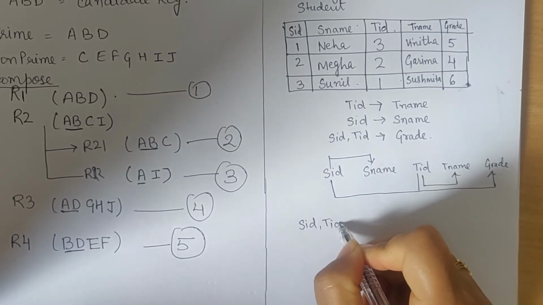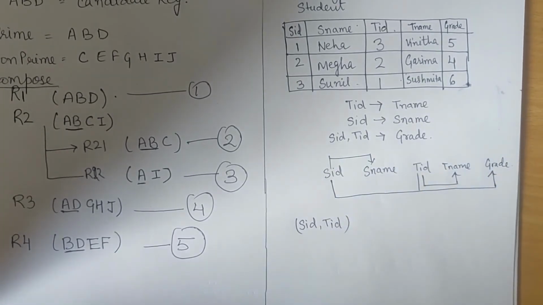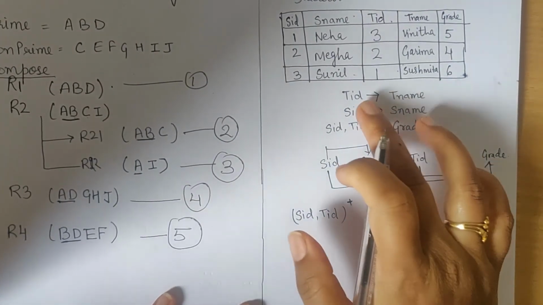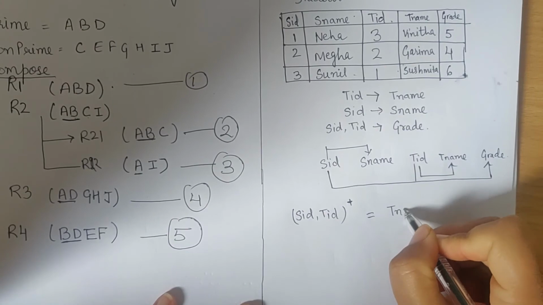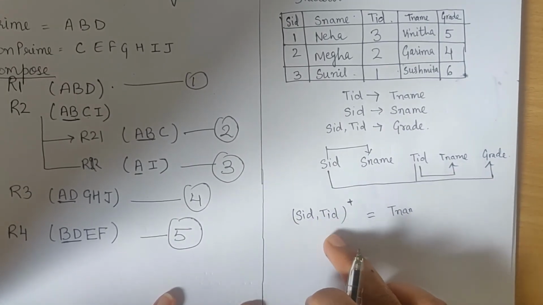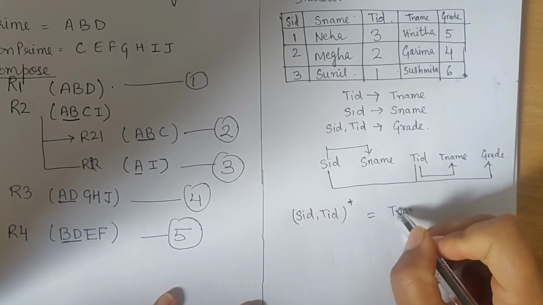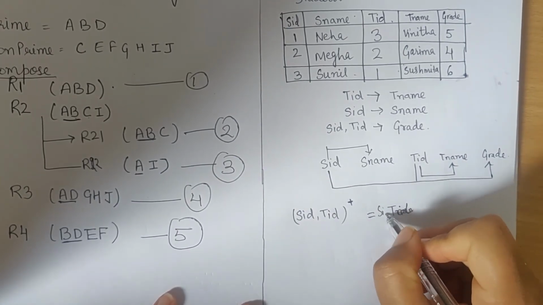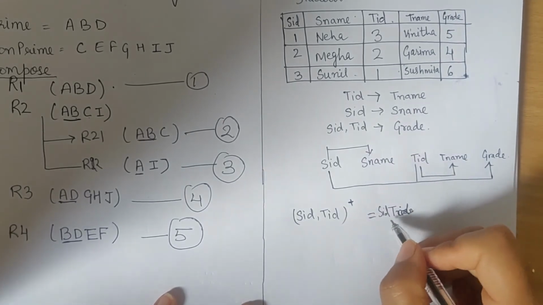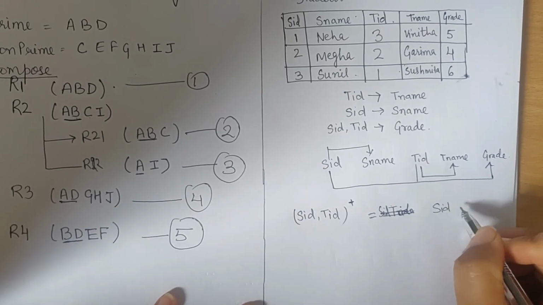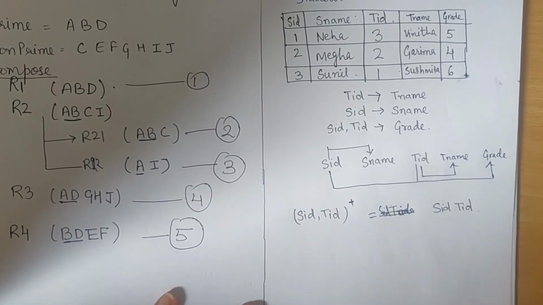So SID and TID are important attributes. If I find out the closure of this, TID will give me TName. Sorry, first write down the attributes for which I am computing the closure. So first I will write down SID, TID.